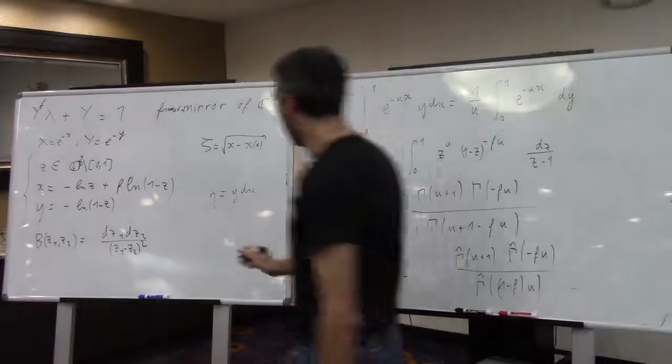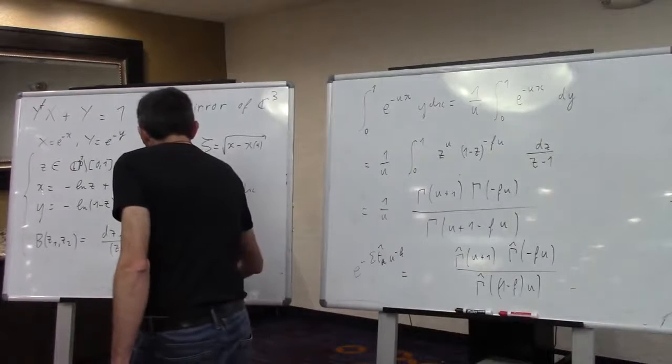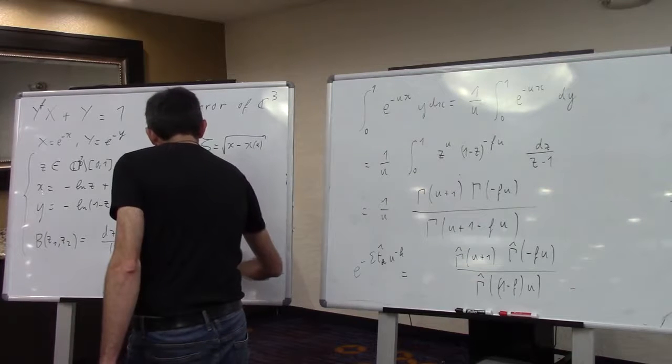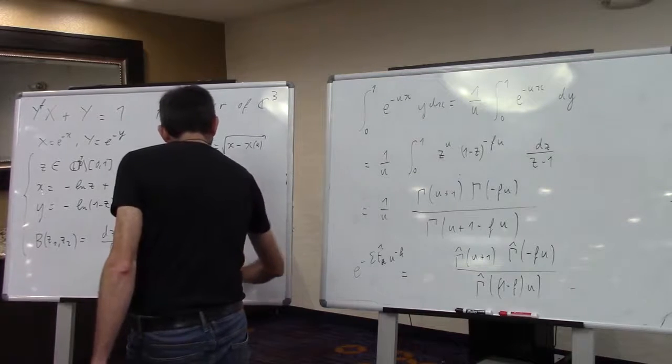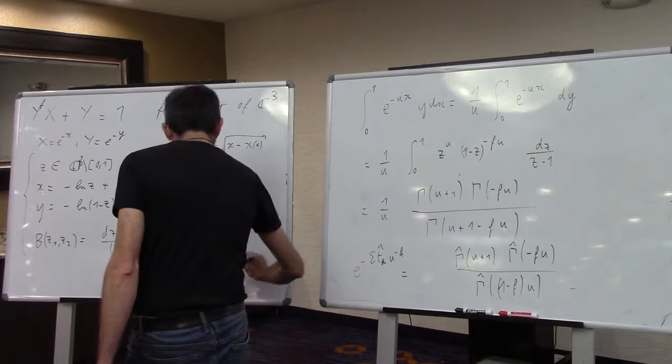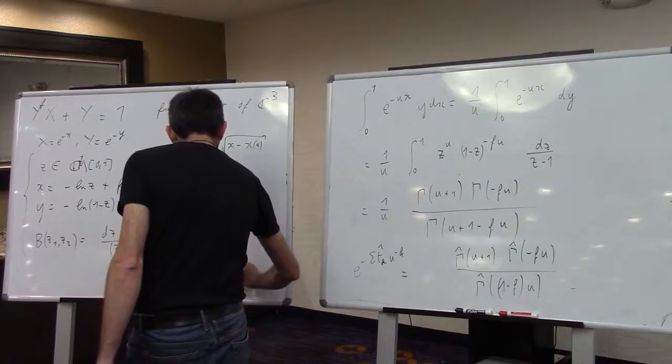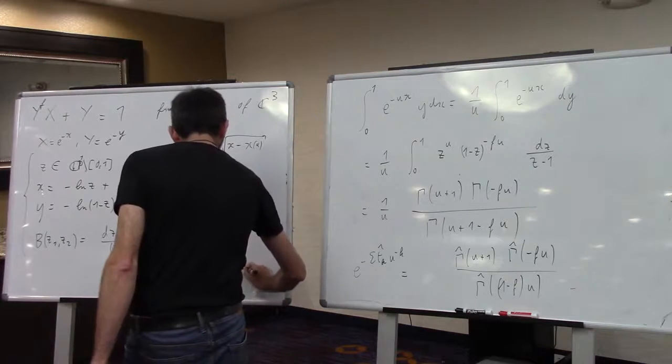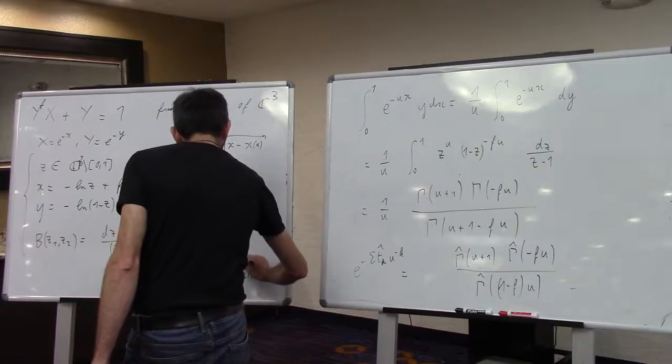So gamma hat of u is gamma of u divided by u to the power u and exponential minus u on square root of 2 pi on square root of u.